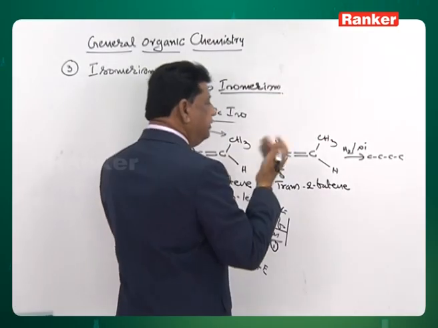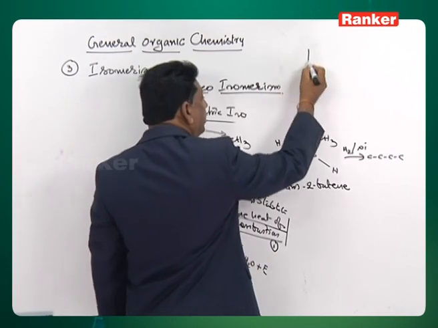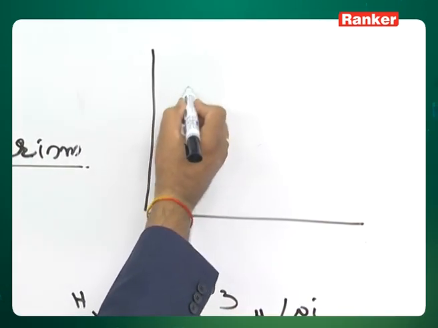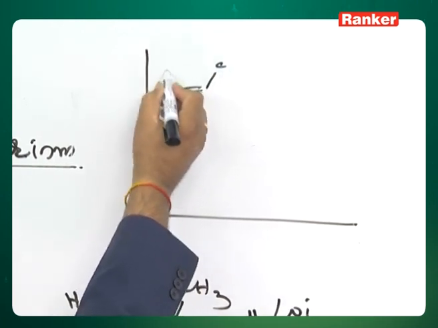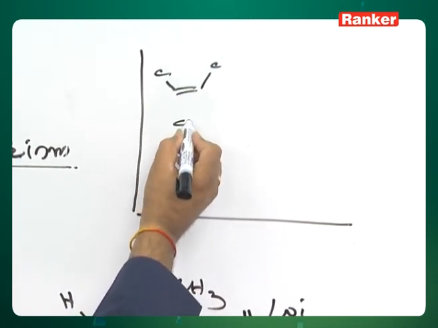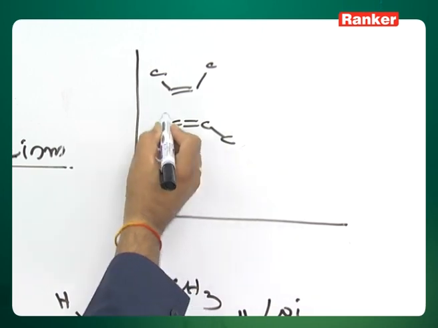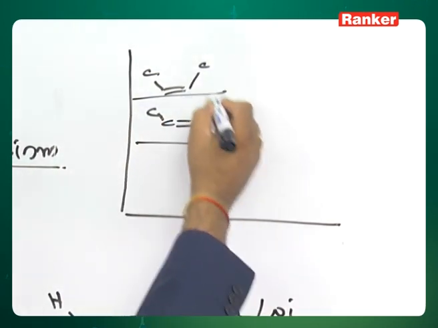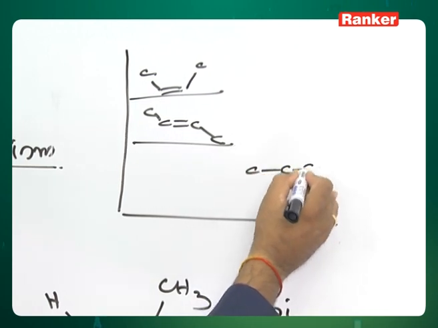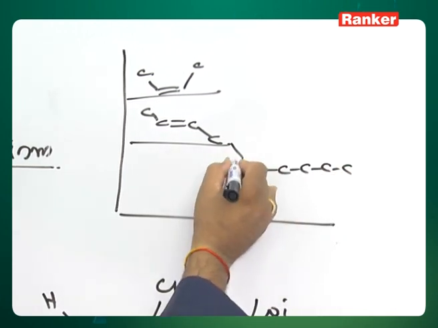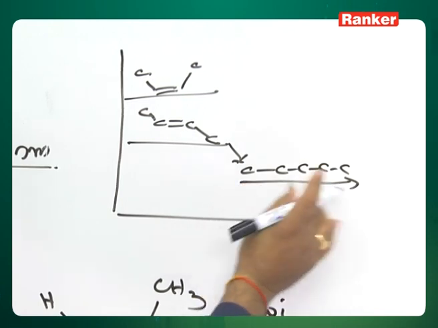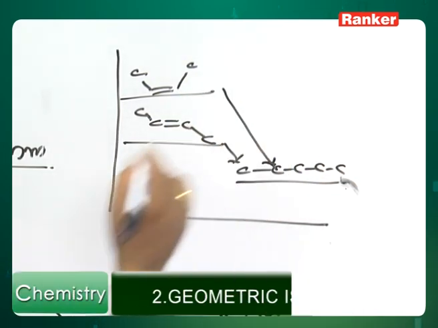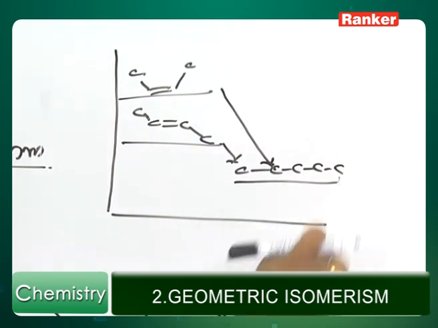This also gives the same compound, but if you see the potential energy diagram, cis-2-butene will have a higher potential energy, right. Trans-butene will have a lower potential energy. Both are alkenes, potential energies are different, but when they are hydrogenated, both give n-butane. So, one gives less energy, another gives more energy when converted into n-butane.